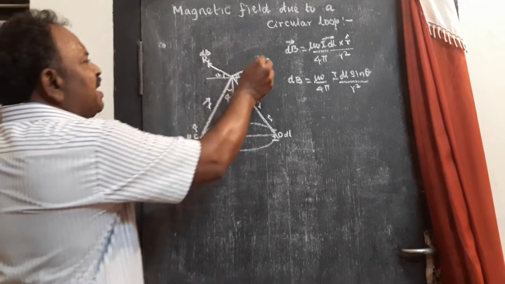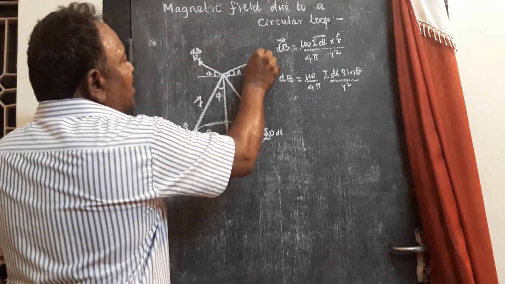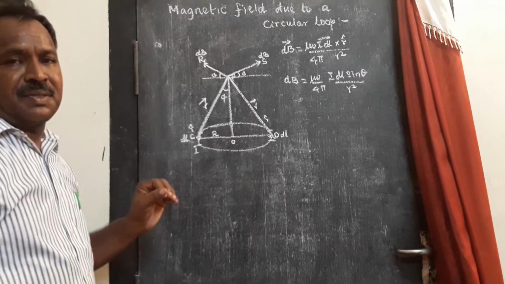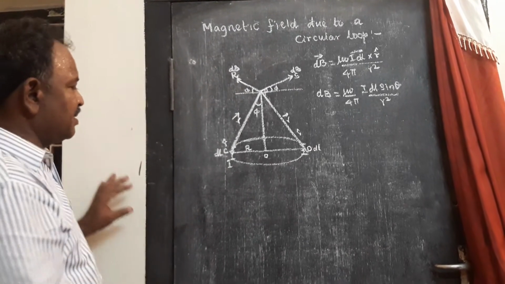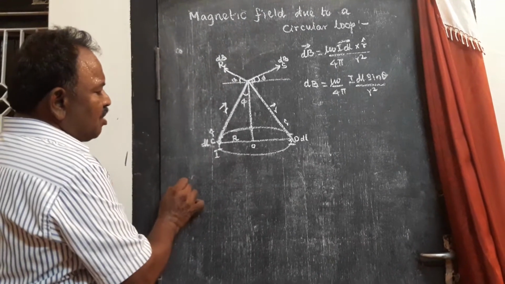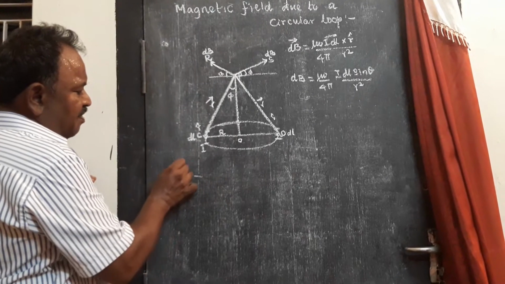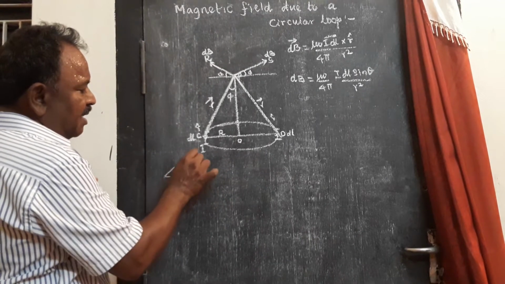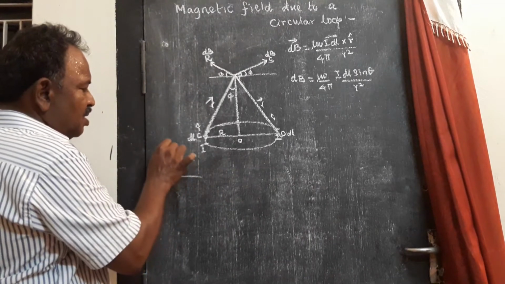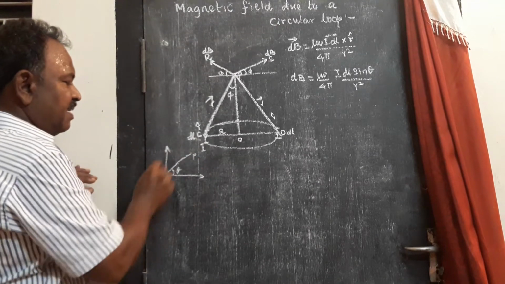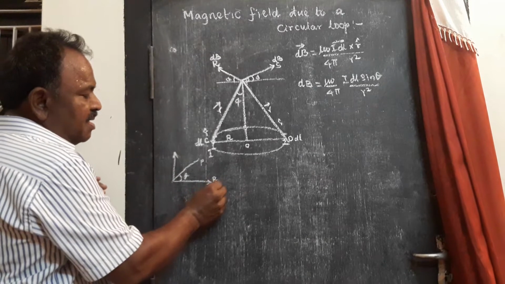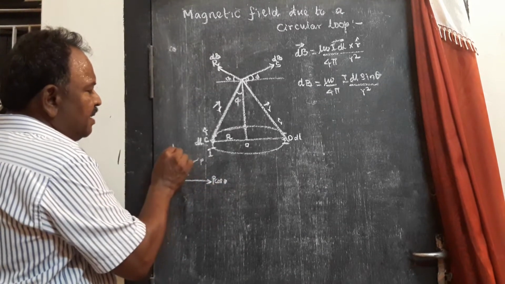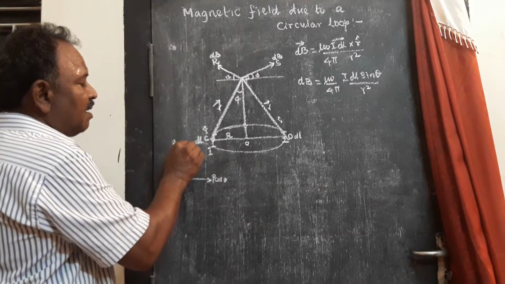So this dB can be resolved into two components. According to resolution of vectors, if a vector P is making an angle theta, it can be resolved into a horizontal component P cos theta and a vertical component P sin theta.